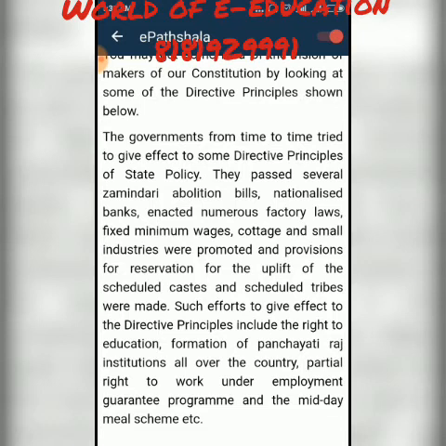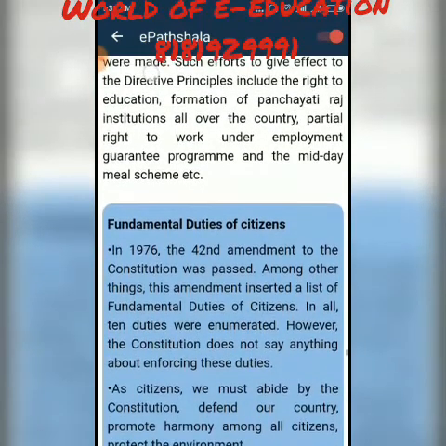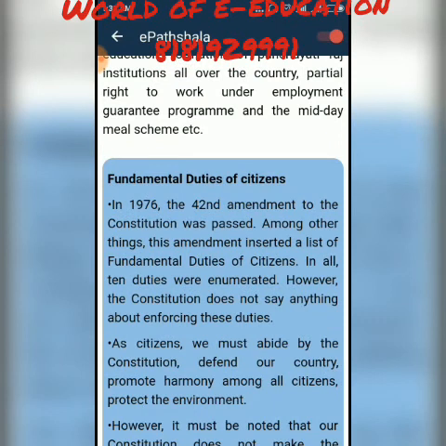Such efforts to give effect to the directive principles include the right to education, formation of Panchayati Raj institutions all over the country, partial right to work under Employment Guarantee Program and the Midday Meal Scheme etc.